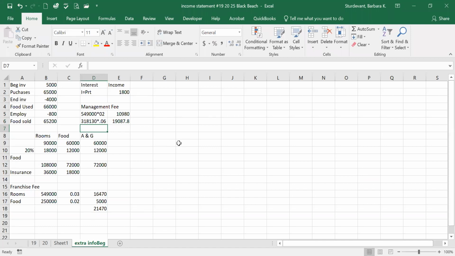Okay, gives us that. And so the two of those added together gives us our management fee. And I'm going to round up. I don't want to deal with cents.